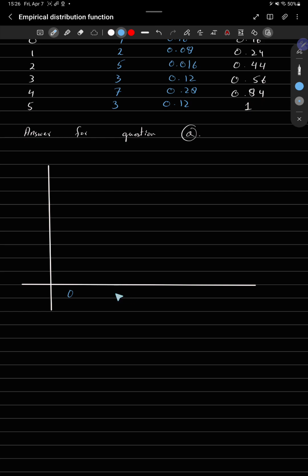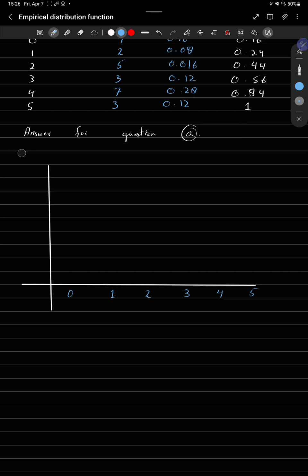We have 0 here, 1 here, 2 here, 3 here, 4 here, and 5 here. And for the y-axis you have to give these numbers.